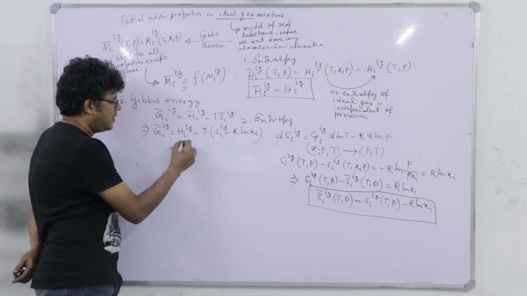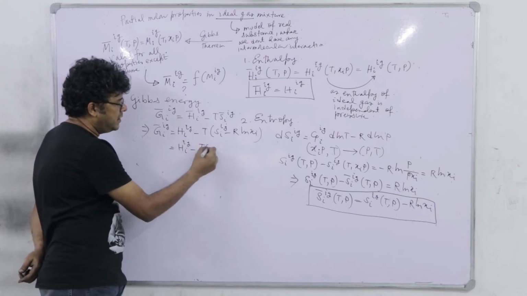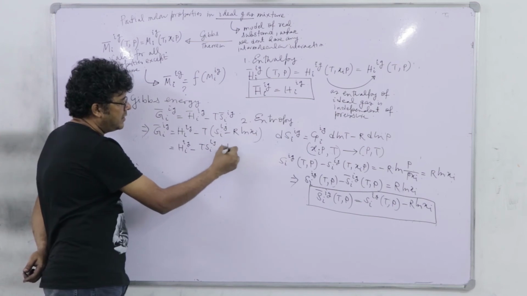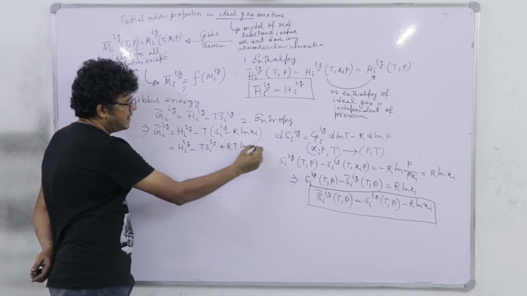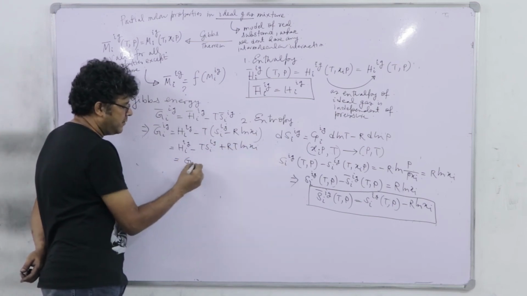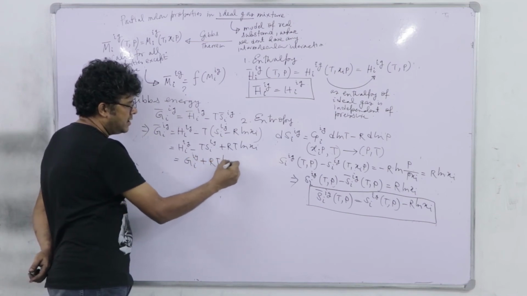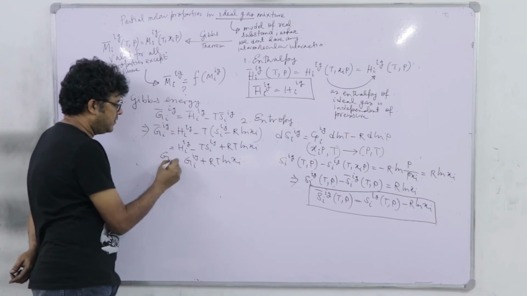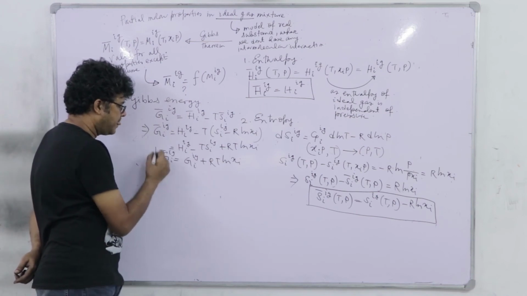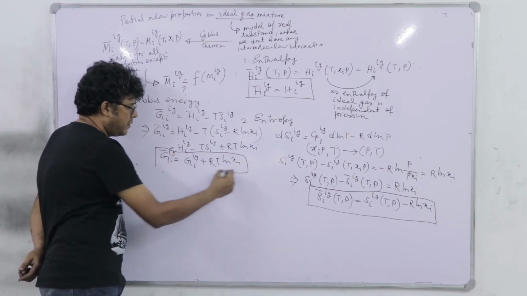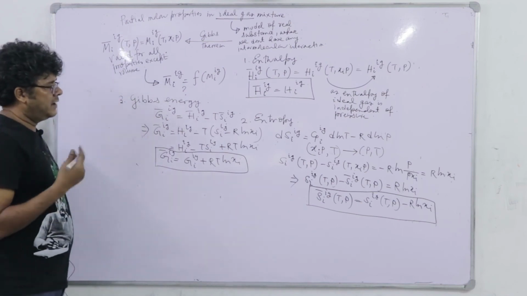So we get Hi Ig minus T Si Ig plus RT ln Xi. By definition, this is the pure species Gibbs energy plus RT ln Xi, which is Gi bar Ig. So, these three are the relations.